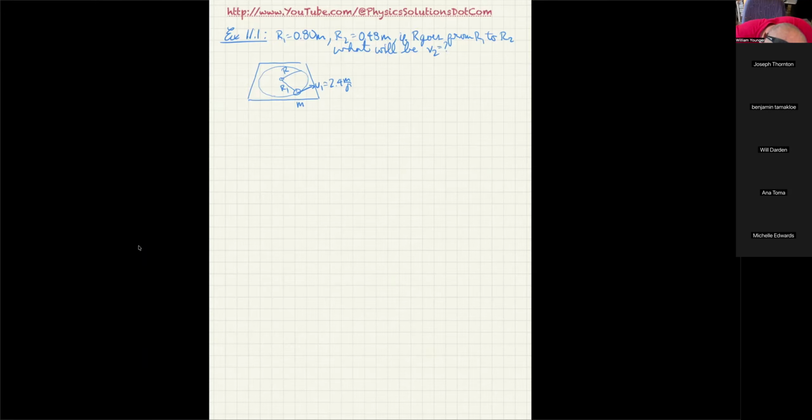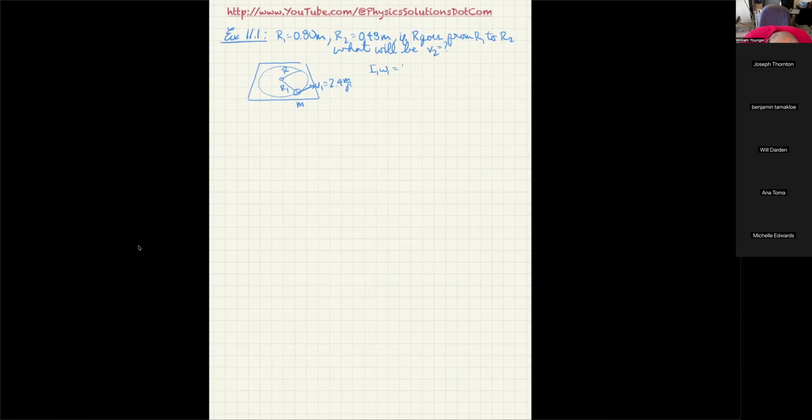So that's what we're trying to calculate here. We're going to say I1 omega 1 is equal to I2 omega 2. And we know that the moment of inertia for an object of mass m out a distance r is just m r squared. That should make perfect sense to you. If not, it's also in the table of moments of inertia.